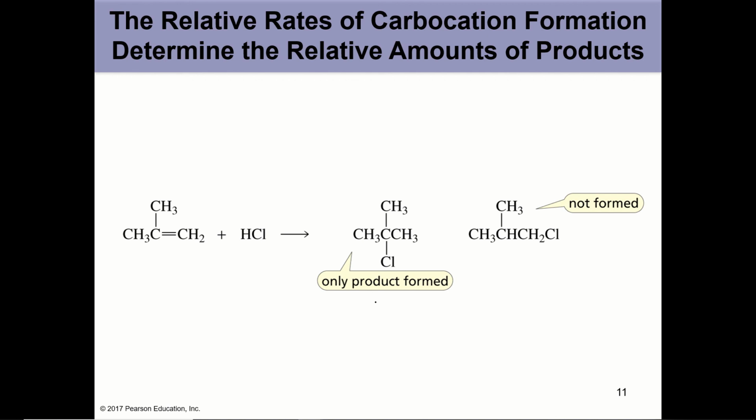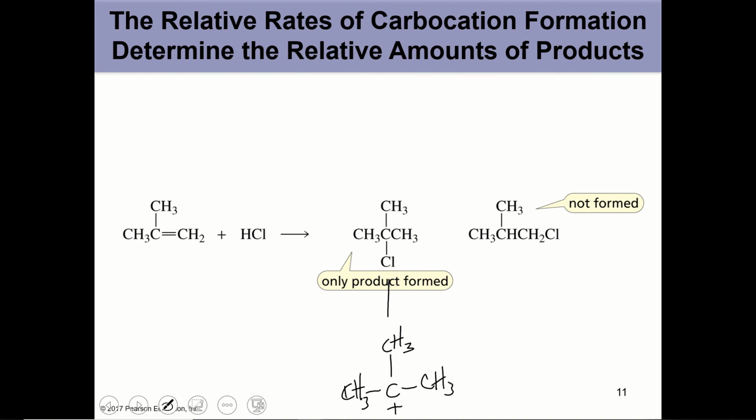And I can show you a fast way to go from product to cation. If you are given the product and asked what the intermediate was, you can take this product that has a new halide bond, erase the halogen bond, and put a positive charge on the carbon in place of the halogen bond, and then you'll know what your carbocation intermediate was.